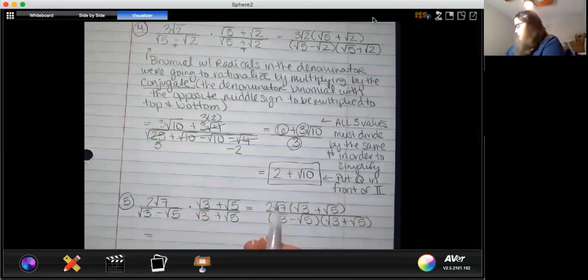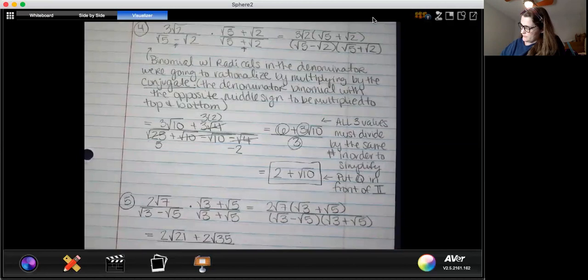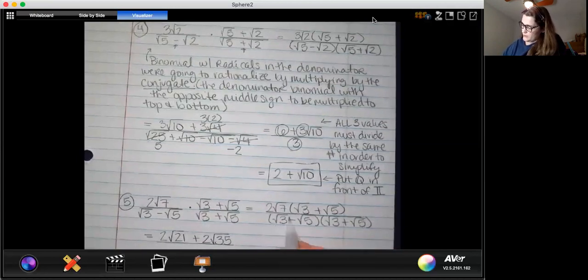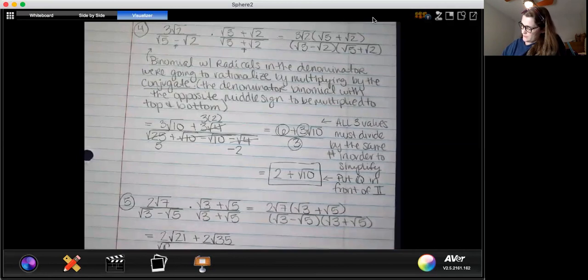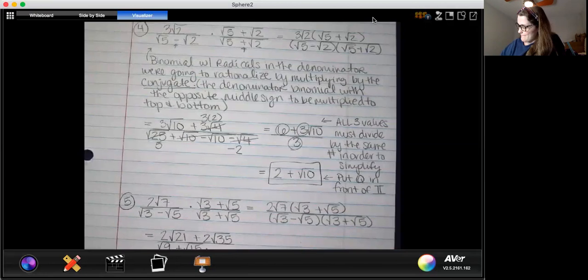So when we multiply, we get 2 square root of 21 plus 2 square root of 35 divided by, in the denominator, square root of 9 plus square root of 15 minus square root of 15 minus square root of 25.